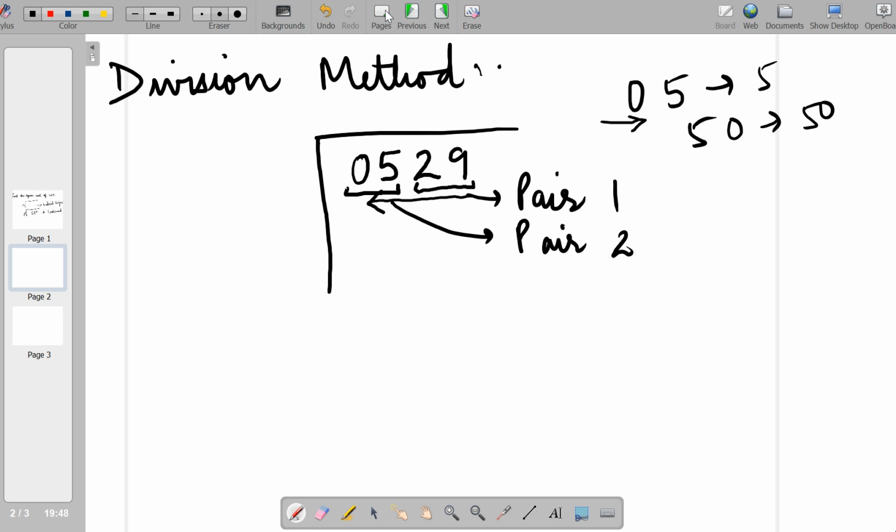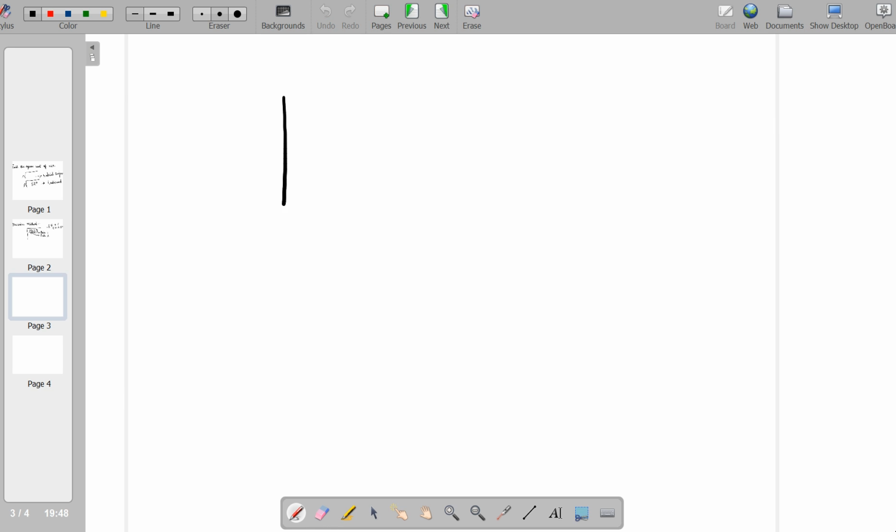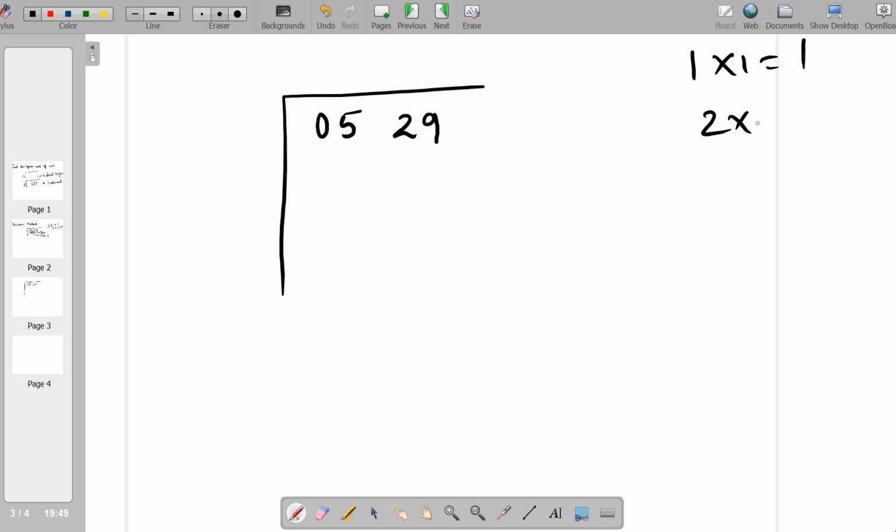Now the next step. I'm writing it here so that you don't get confused: 0, 5, with a little space so that I consider group by group. Now for this 5, think of a number which can divide it. 1 into 1 is 1, 2 into 2 is 4, 3 into 3 is 9.